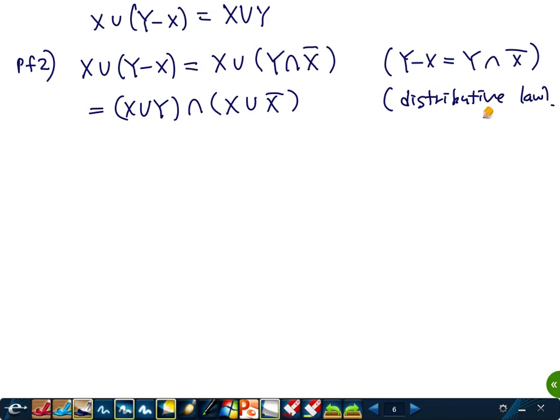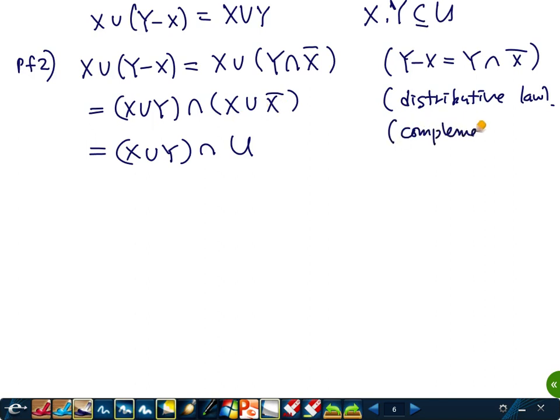Okay. And what is this? Here we assume that we have the universe set which contains both X and Y, so we say that both are subsets of U. So this is intersect, just the universe set, right? X union complement of X is the, this is called the complement law.